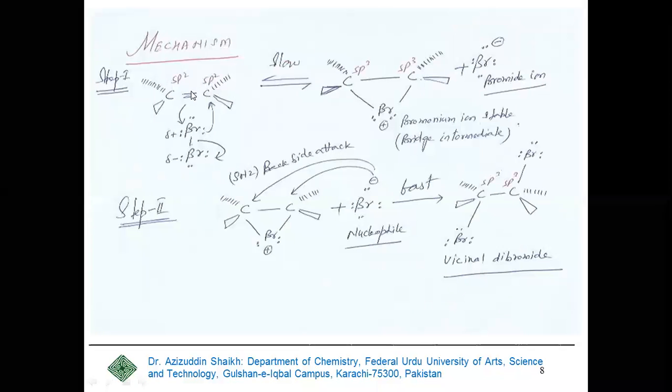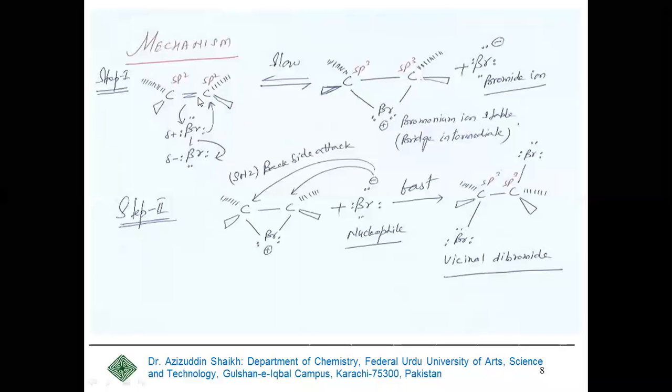Step 1: when the bromine molecule comes very close, the pi electron density repulsion polarizes the bromine molecule. The bromine near the double bond has a partial positive charge, and the other bromine has a partial negative charge.